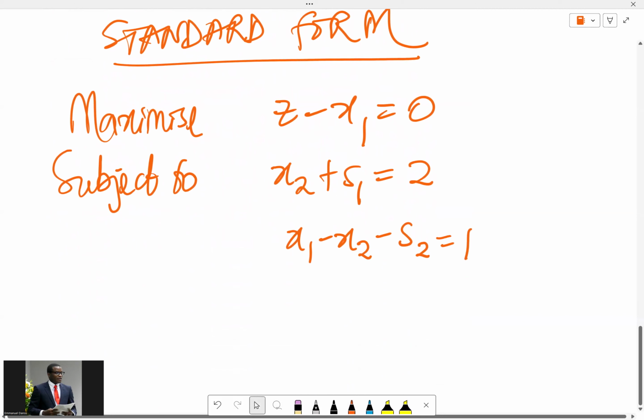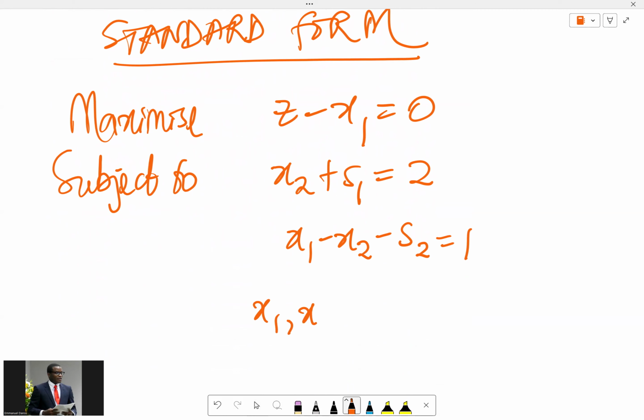Maybe an artificial variable would have been necessary in addition to that if we won't be able to get a feasible solution to proceed. But if we can get a feasible solution, we'll just move on with this. So now we have the non-negativity condition that x1, x2, s1, s2 are all greater than or equal to 0.